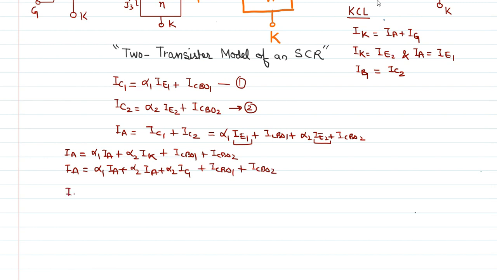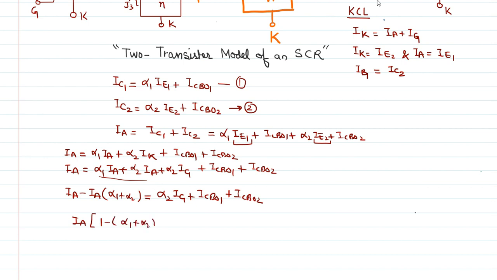So we can separate the terms with IA. It will be IA minus IA common from these two terms, and within the bracket it is alpha 1 plus alpha 2. So finally, with IA taken out as common, IA times 1 minus bracket alpha 1 plus alpha 2 is equal to alpha 2 IG plus ICBO1 plus ICBO2.